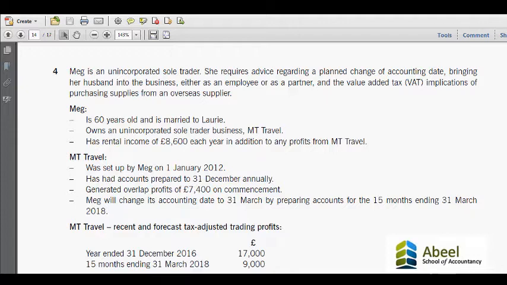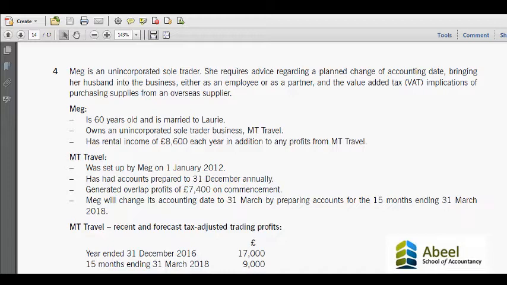When you start your business from 1st January and your year end is 31st December, then your overlapping profit will be of 3 months. Let me repeat: if you start your business from 1st January and you decide that your year end is 31st December, then your overlapping profit will be of 3 months.